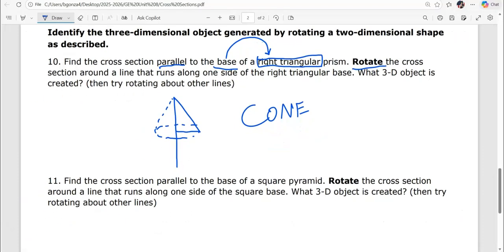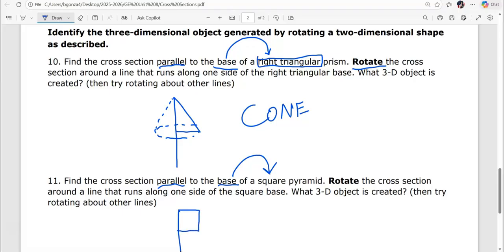Okay. What about the next one? Cross section parallel to the base of a square pyramid. What is the base of a square pyramid? A square. It's right there. That's the name of it. So you're going to take a square and rotate it.